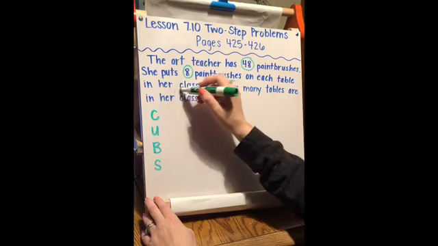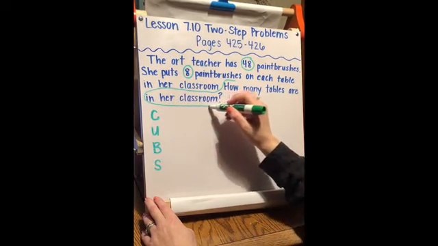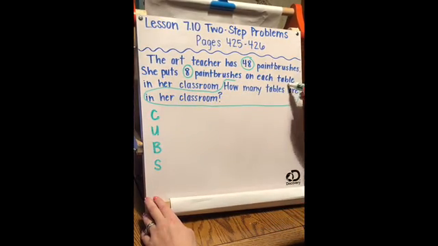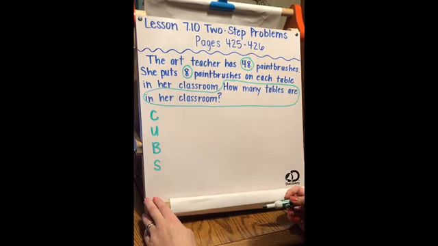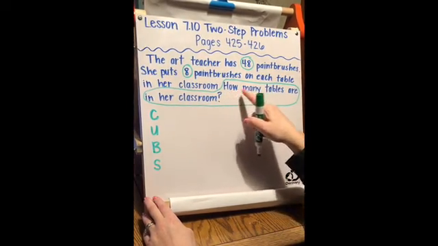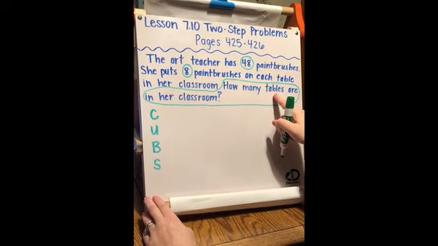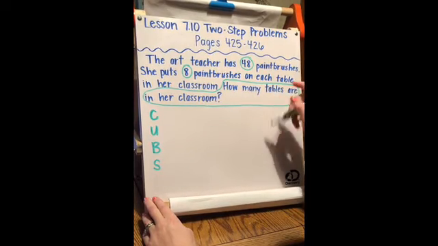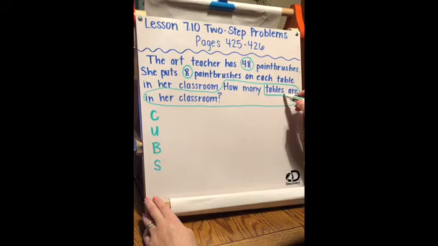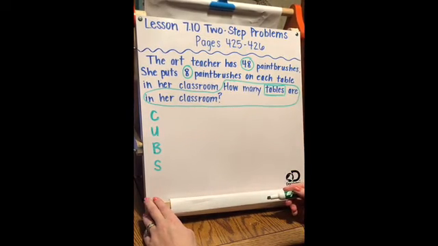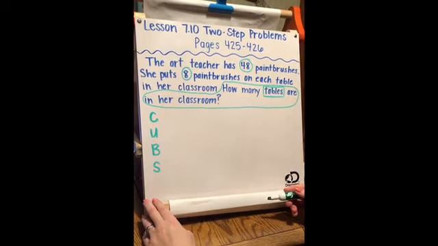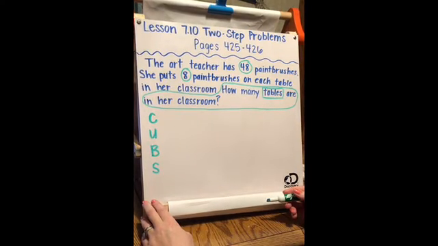So here is my question. Now remember, to find the label, you want to find the words how many, and usually the label comes next. So our label is going to be tables. So we did all the circling. Now let's go to U.